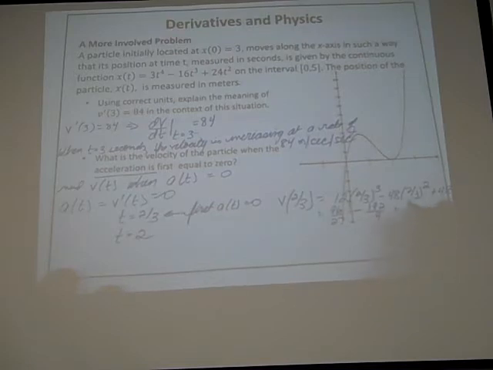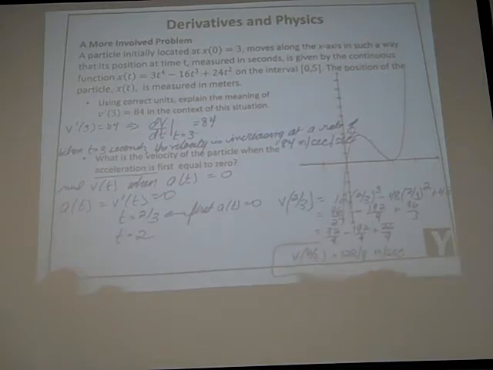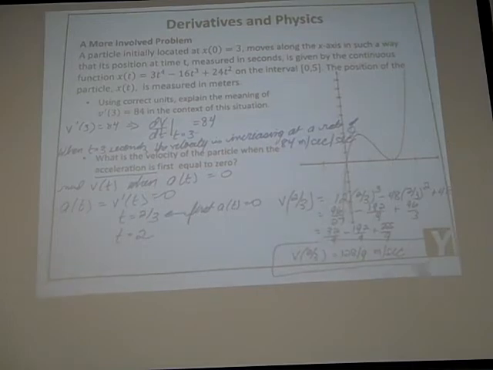Plus 48 times 2/3 is 96 over 3. 96 over 27, I can make that 32 over 9, minus 192 over 9, plus we'll make that 288 over 9. 32 minus 192 is negative 160, plus 288 should be 128 over 9, and that will be meters per second. So the velocity when t equals 2/3 will be 128 over 9, which is like 14.2222 repeating on your calculator.